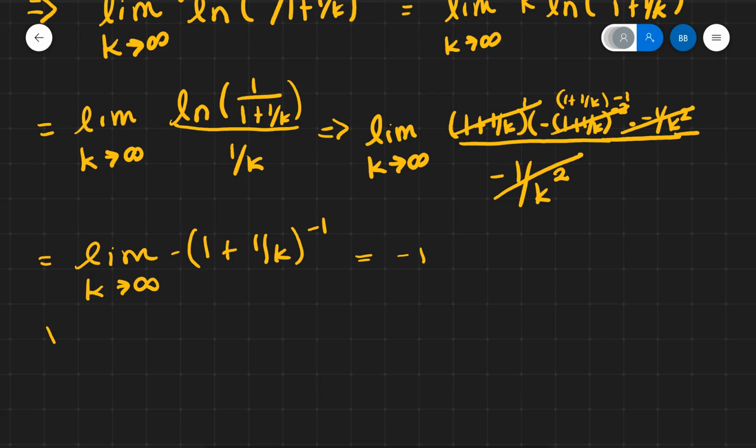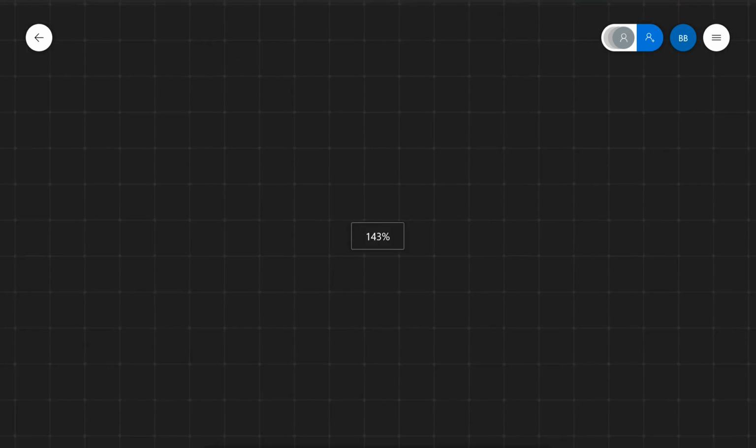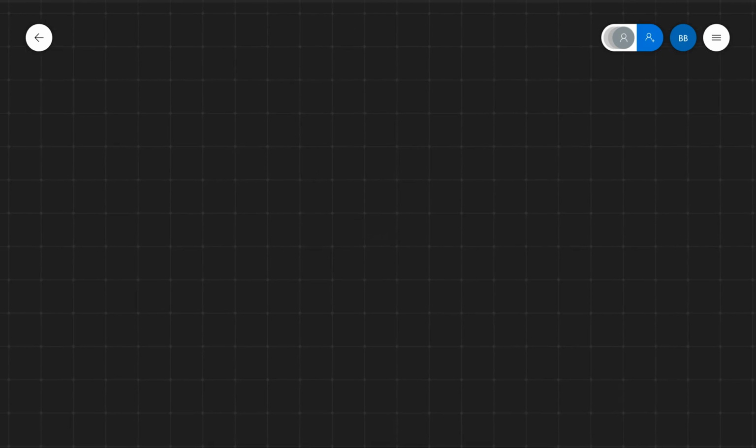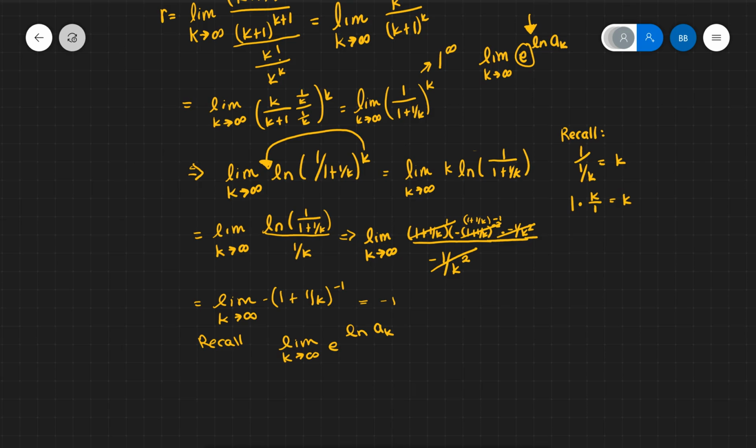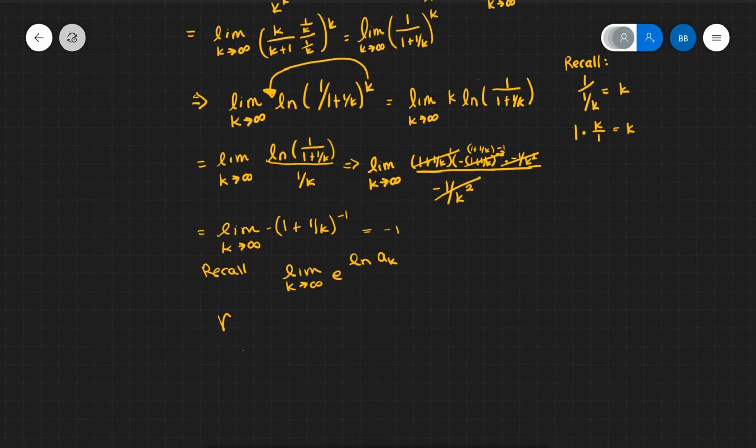And then recall that we use the limit as k goes to infinity of e to the ln of a sub k to get here. So I need to write the actual final limit. So the original limit, the r limit, is equal to e to the negative 1, which is better known as 1 over e, which is less than 1.